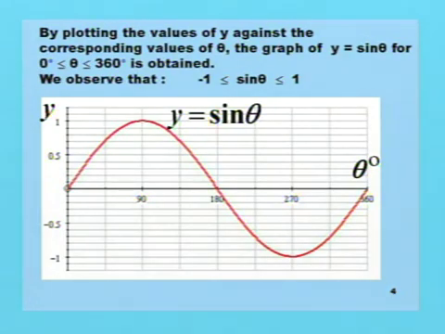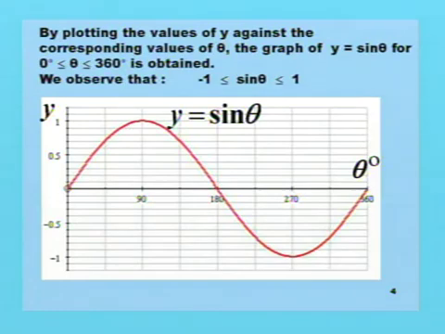When we have a graph like this, for any given angle on the theta axis, we can draw a vertical line to touch the curve and then draw a horizontal line to the y-axis and read off the value, and that will give you the value of the sine of an angle marked on the theta axis.